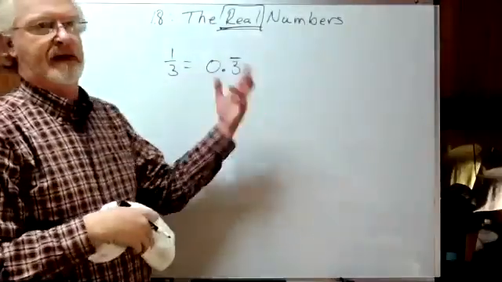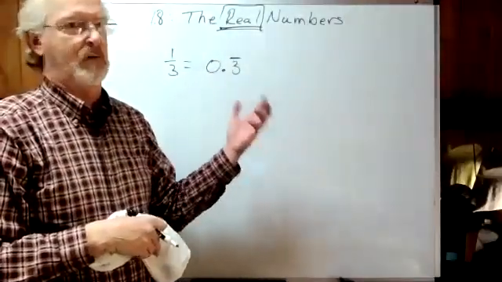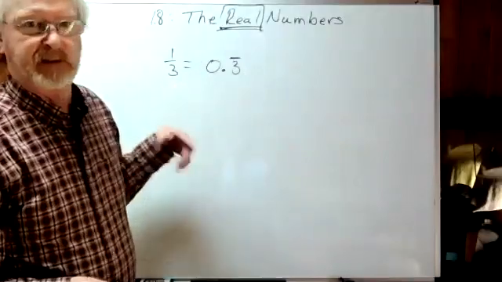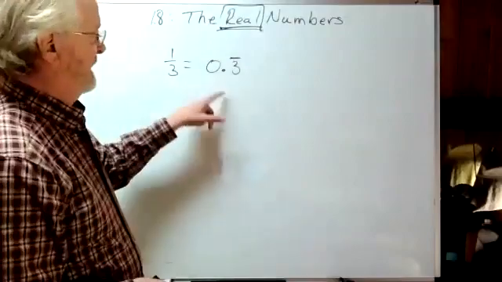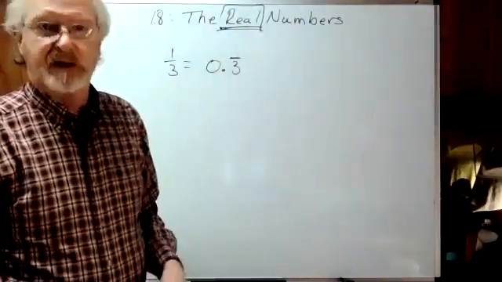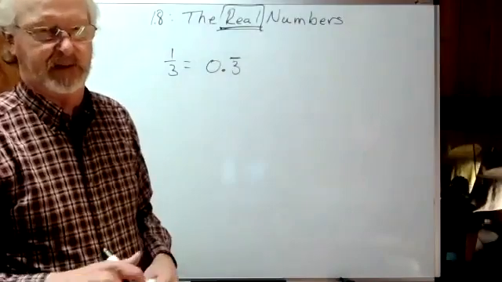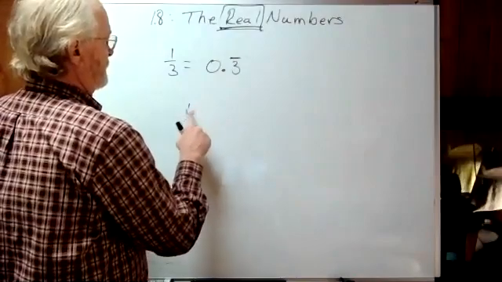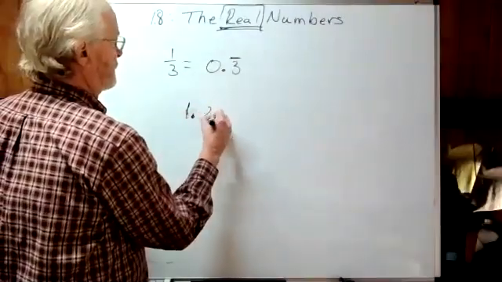If it repeats forever, a pattern, there's a way to make it look like a fraction. It's not important that you know how, but that you understand a repeating decimal is a rational number. Sometimes that pattern is multiple digits.